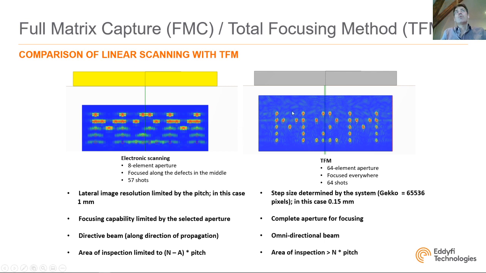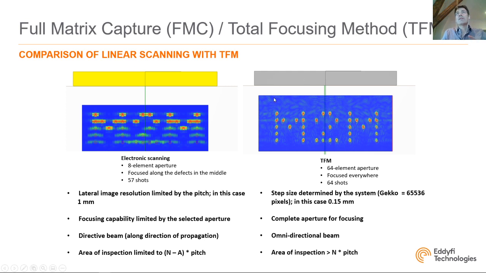For TFM, we are using the full 64 elements, and we are focusing the energy at every single pixel. So we are focusing right here on the first hole, but we are also focusing on the last hole. So we pretty much have the same focal spot. That's why the spatial resolution is about the same here compared to here. Also, for full matrix capture, we fire 1 element at a time.